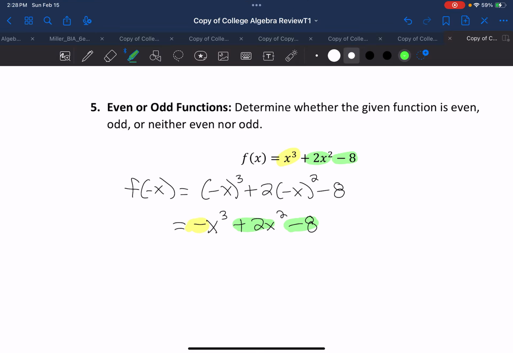So every single sign would have to change in order for it to be odd. If those two in green had opposite signs, then it would be odd, if every single term has an opposite sign as the original. But this is going to be neither. So it's even if all the signs are the same, and it's odd if all the signs are opposites from the original. And if it's not either one of those, it's neither.